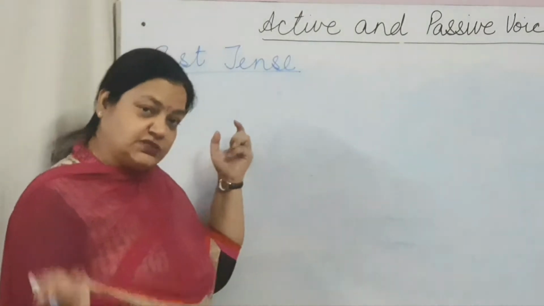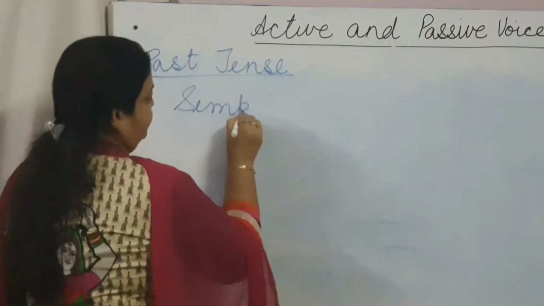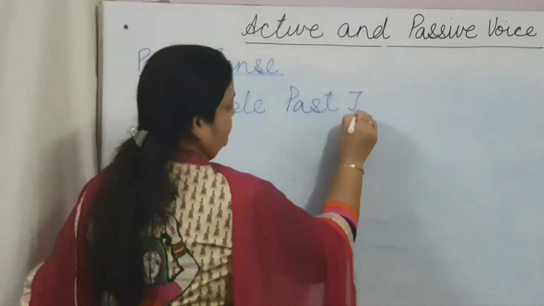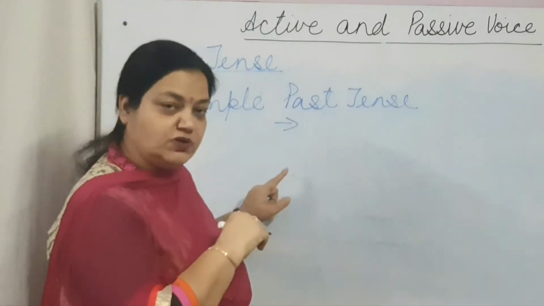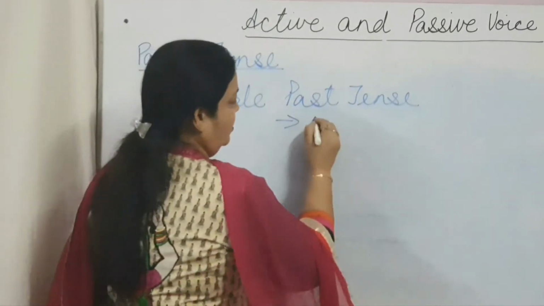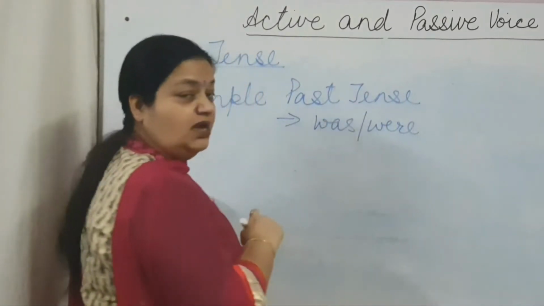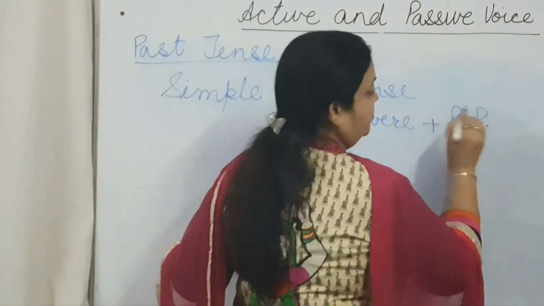Now how will it be changed? If we have simple past tense, then which helping verbs do we use for simple past tense? Was, were, depending upon the number of the subject, plus past participle.